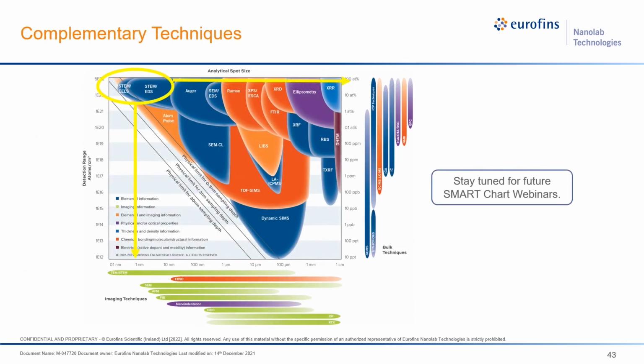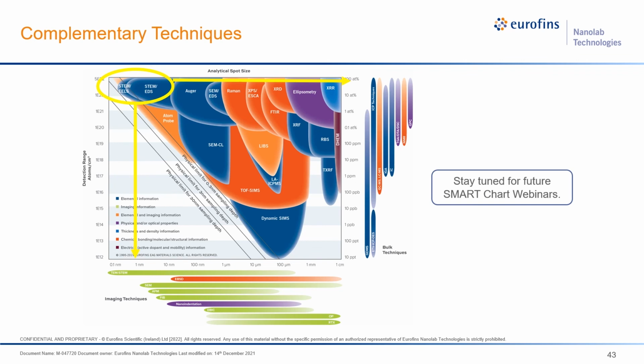Now, some complementary techniques. The TEM-based EDS and EELS is here. You can see that the chemical sensitivity is relatively low, only down to around 1 atomic percent. So if you are looking at something below this amount, you want to check with atom probe tomography, which gives three-dimensional analysis of the chemical distribution at atomic scale.